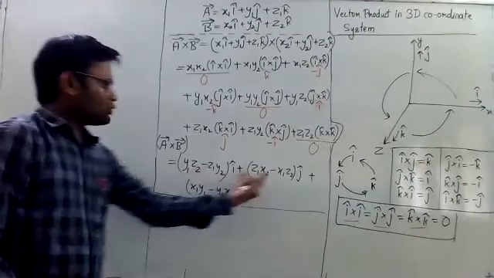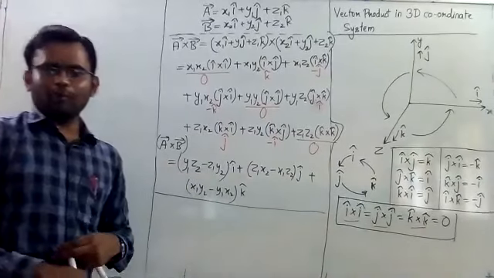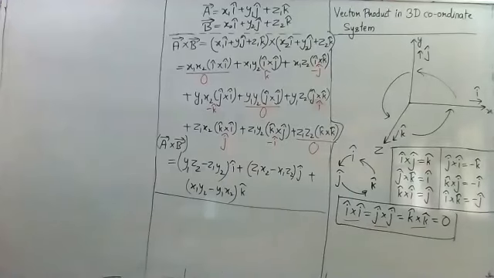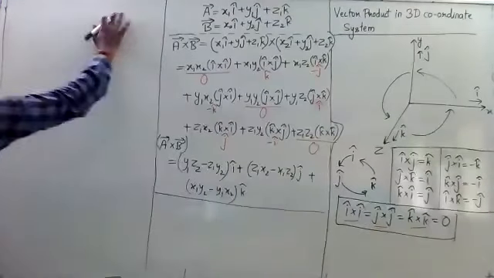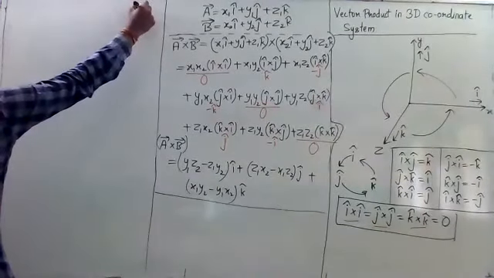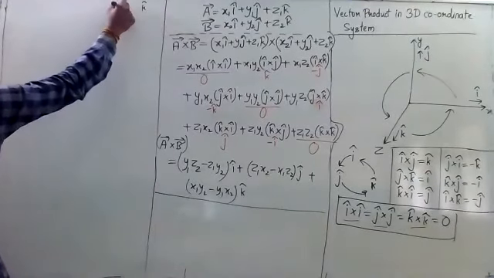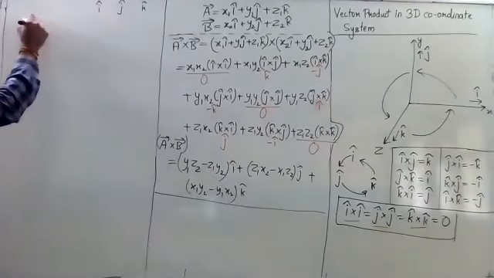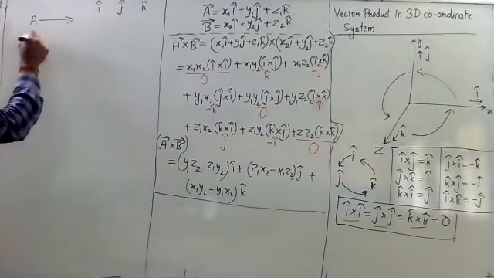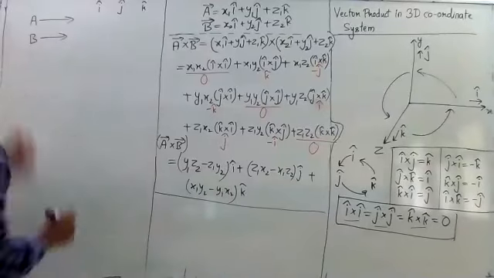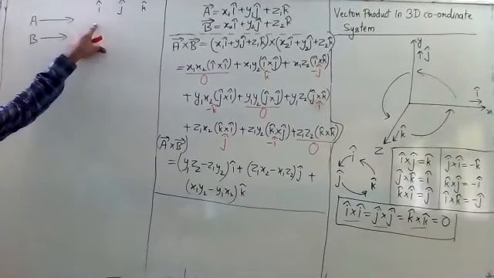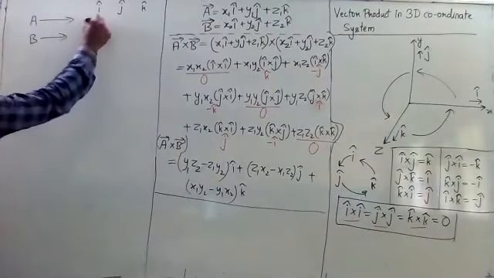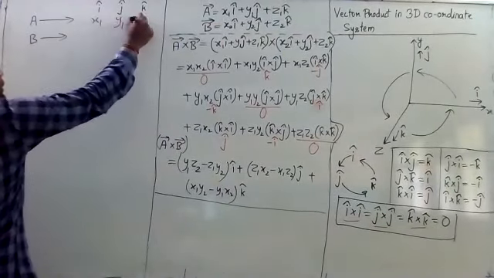Now it is looking a bit complicated in algebraic form. How to get it in a simplified way? Let's try. K cap, J cap, I cap. For A and for B, what is the coefficient of I cap? In case of A, it is X1, Y1 and Z1.